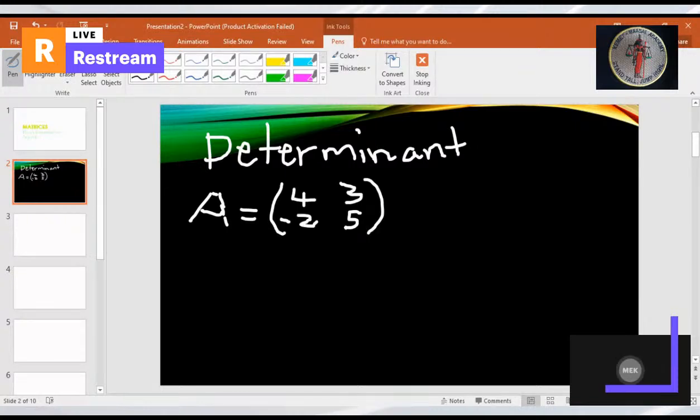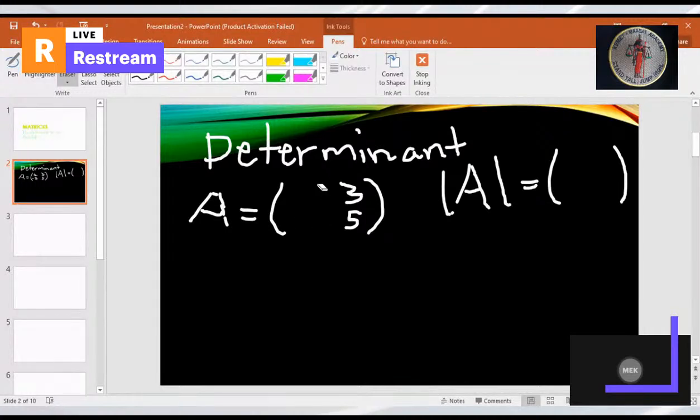So the determinant, and this is how we'd write determinant, like that. To find the determinant, or you know what I should do? I'm going to use just letters for now.